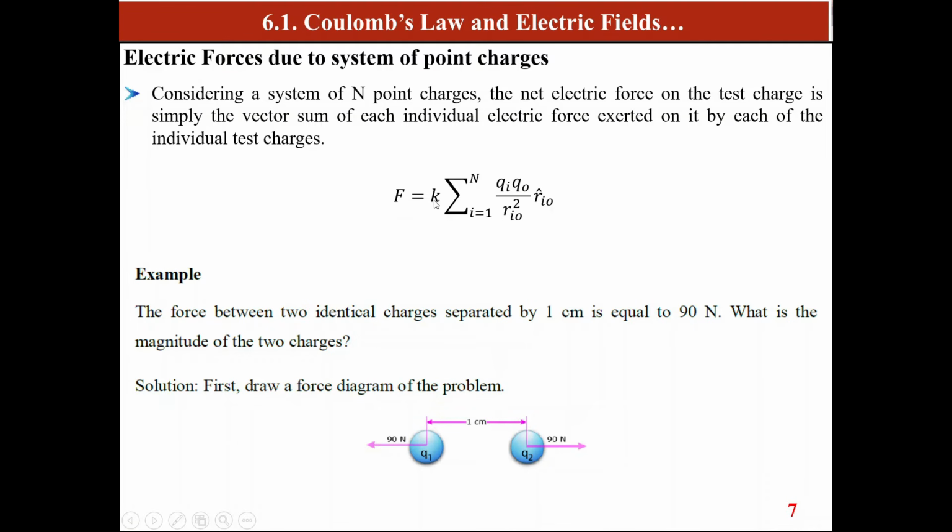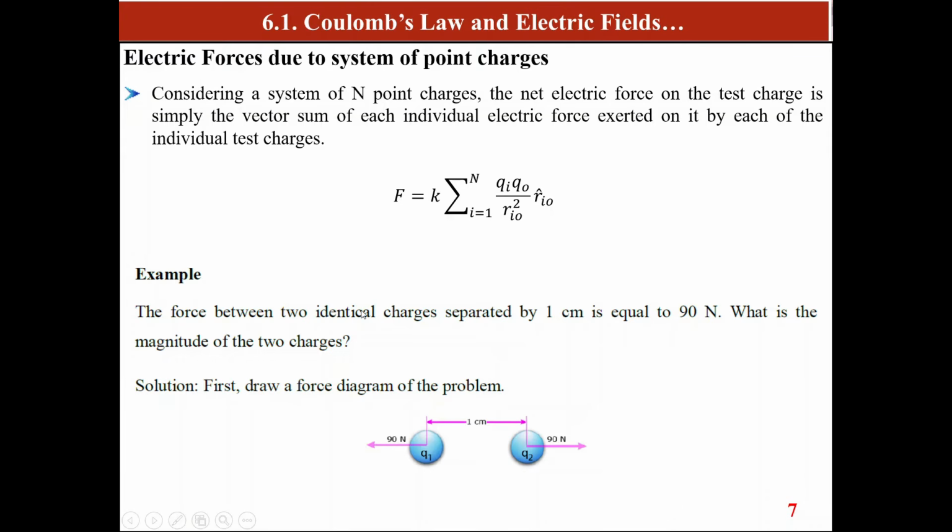So the force is equal to the constant K, which is written outside, and the summation of this value. For example, Q1 Q0 over R1 naught square plus Q2 Q0 over R2 naught square plus, and so on. It continues like that up to n values, and finally you get the total net force on a given test charge. The total net force on a given test charge is given by this formula.